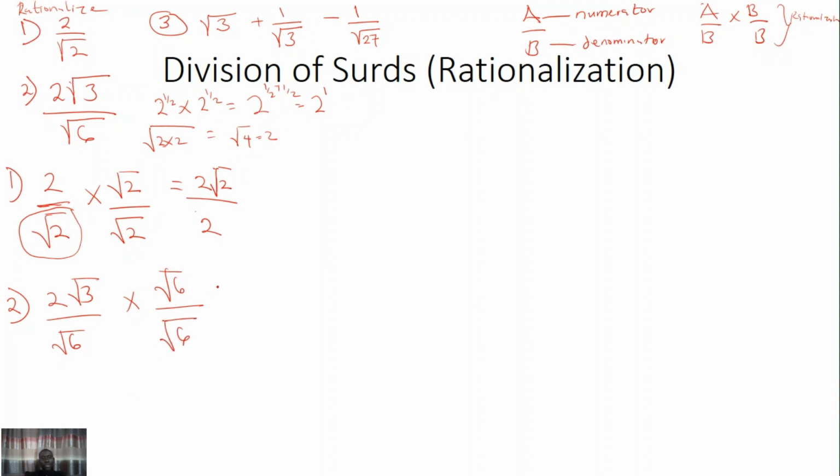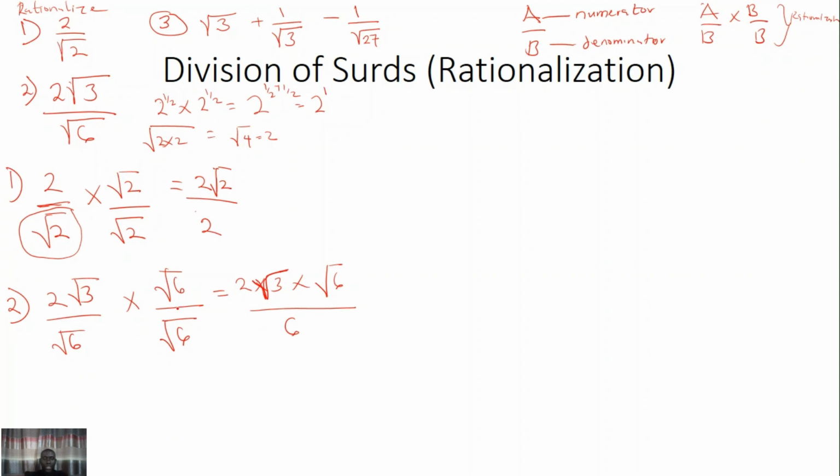And this will be equal to 2 root 3 times root 6, all over 6. I explained earlier why this will be 6, because root 6 times root 6 is equal to 6.